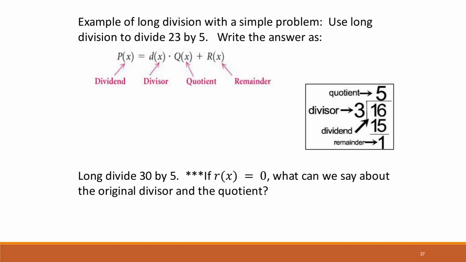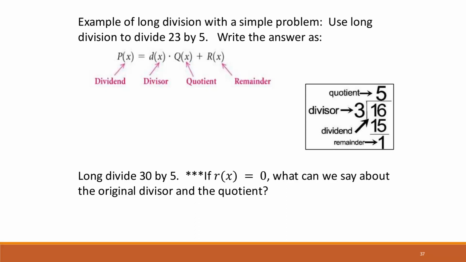So this slide is to remind you, using the vocabulary, what we do when we divide. So we have what's called the dividend, which is the answer, or what you're trying to divide. So in this case, it's 16. Then we have the divisor, which is the factor or the zero that we know, which is 3.